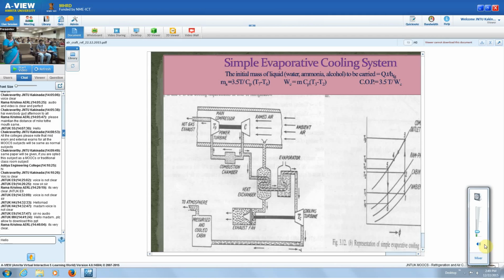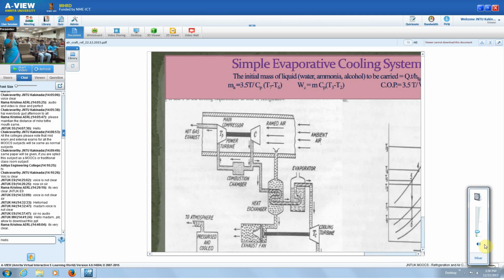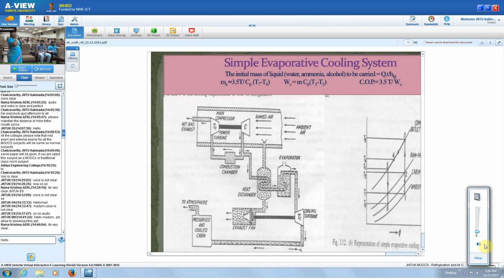Then the second type is the simple evaporating cooling system. So you can see the additional component in this. The main compressor, main turbine, everything is the same here, combustion chamber. Then there is a heat exchanger similar to the previous one. And in addition to that, there is an evaporator. Okay.